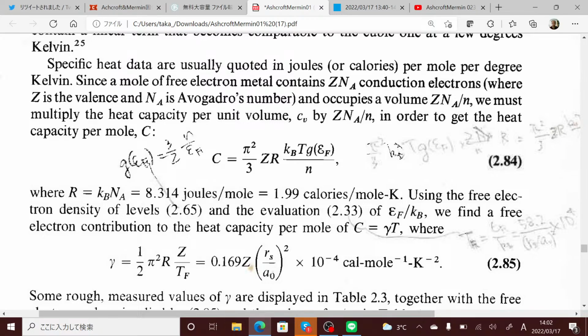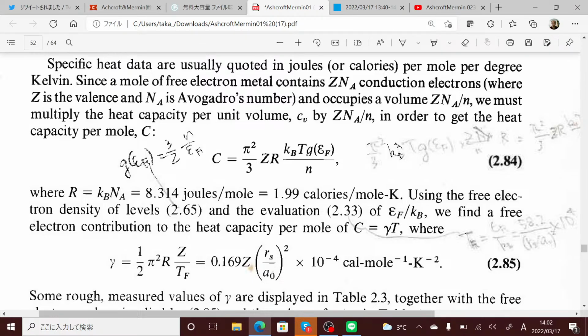This is strange, joule per mole. Do I need Kelvin here?